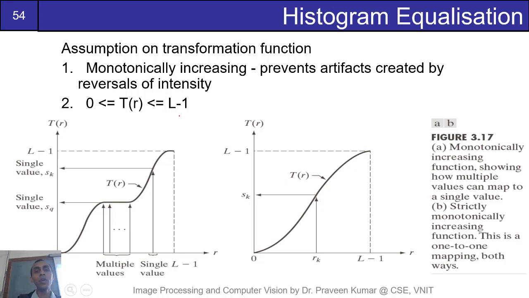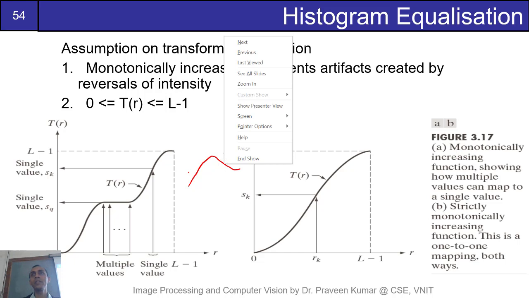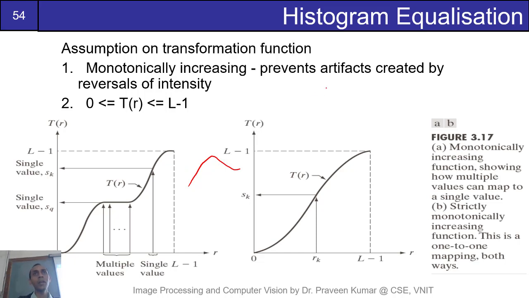If we don't allow a monotonically increasing function, then with a random function like this, a higher intensity value may get mapped to a smaller intensity value, which will cause an artifact in the image. The content may get changed, and we would not like to do that. If 10 is getting mapped to 20, then 15 should be mapped to at least 20, or possibly greater than 20, not less than 20. So ideally our transformation function should be monotonically increasing.